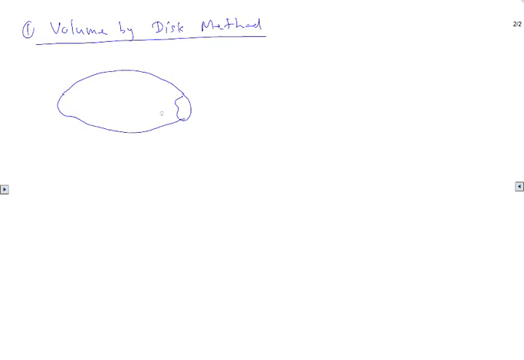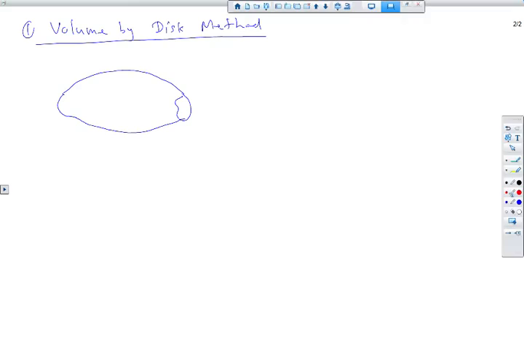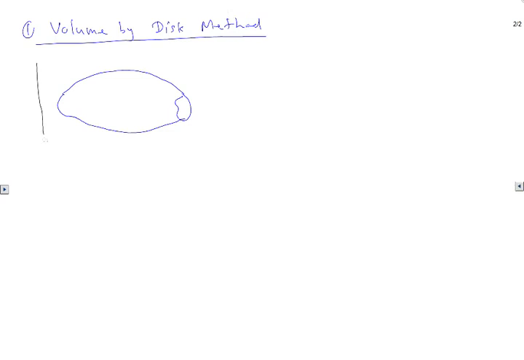The first thing we're going to do is place it on a set of axes. Because it's 3D, these are my axes: the y-axis, the x-axis, and also the z-axis. There are three axes, but we are worried about only x and y in this case. So you see the object, and then you place the axes.